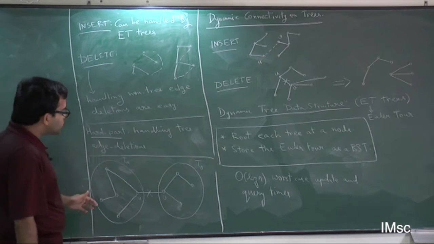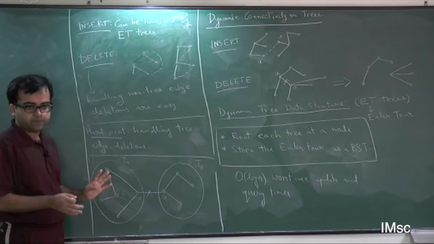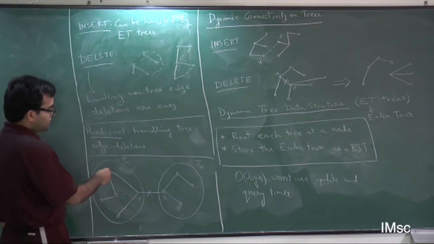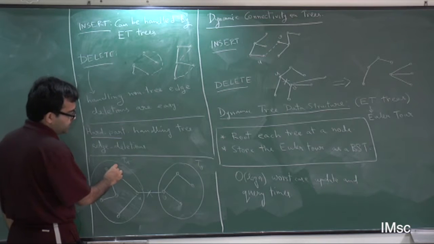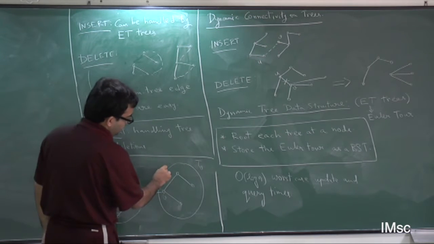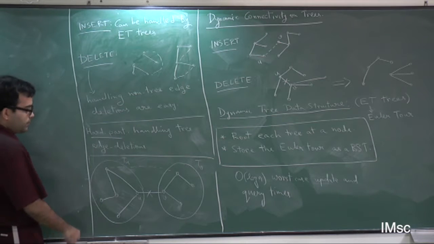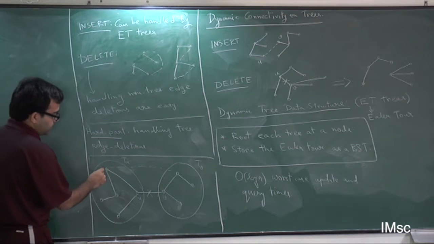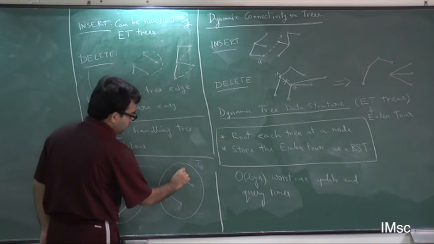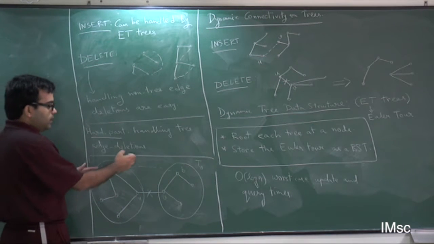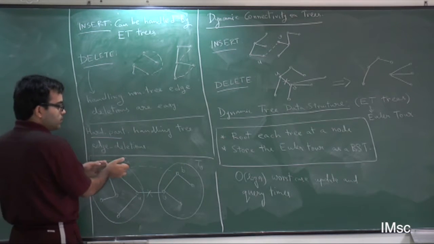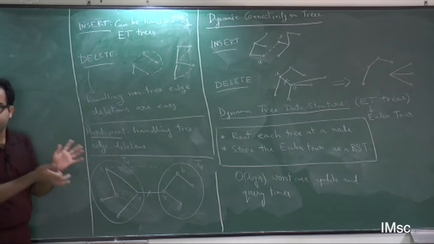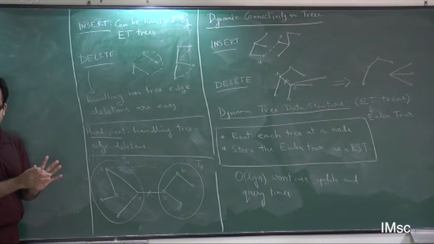The ET tree data structure can give you TU and TV, but the hard thing is to check whether there is a non-tree edge that crosses TU and TV, and if there is an edge like that, say AB, insert this edge AB to merge TU and TV in the dynamic tree data structure. That is what you need.